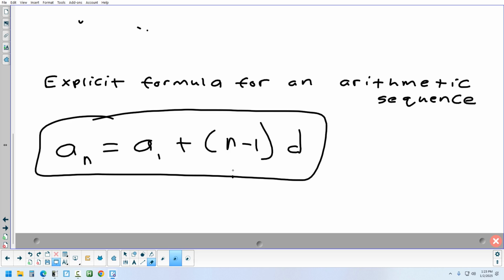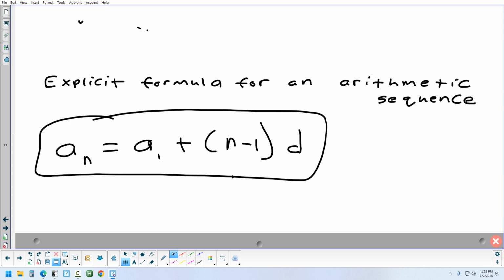What this formula does is it basically takes all the guesswork out of figuring out the pattern. Is it times 4 minus 5, or is it times 2 plus 7? You don't have to guess at all. This will give you the exact answer every time. So the first term plus n minus 1 in parentheses times d.